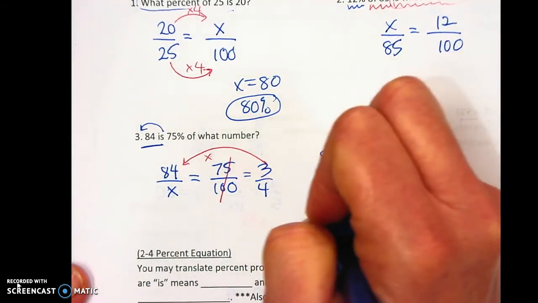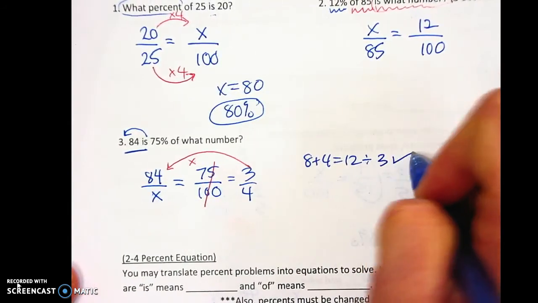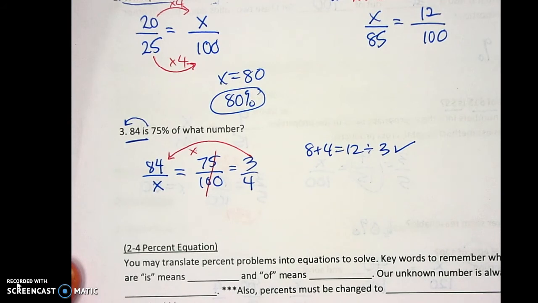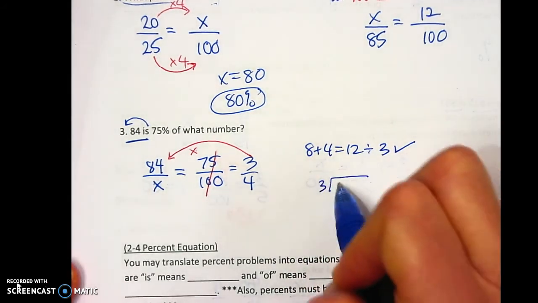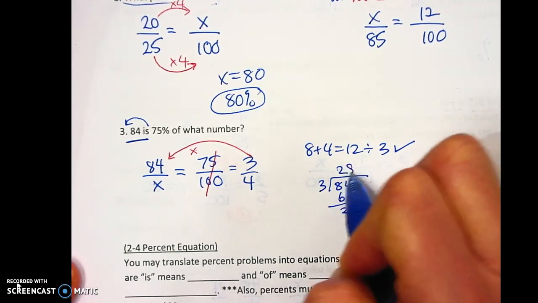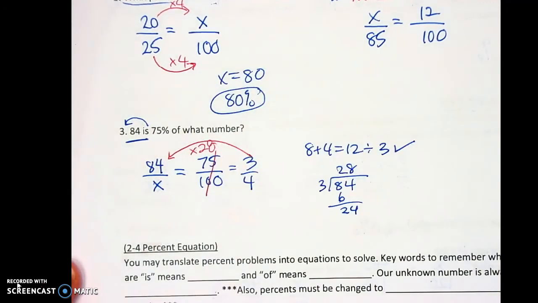And 12 is divisible by 3, which means that 84 is divisible by 3. So if I divide 84 by 3, what do I get? 28. If I multiply 3 by 28, I can get to 84.